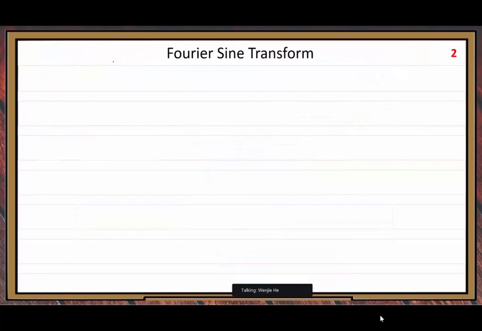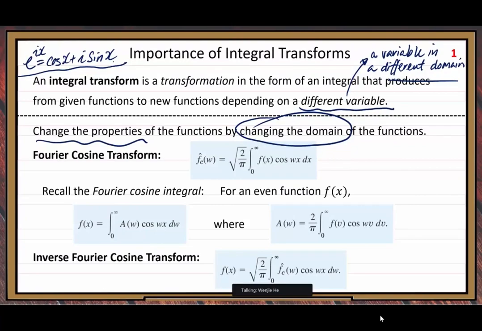Let's look at a little more before we move to the next slide. The definition of cosine transform. Here we call it inverse Fourier transform. What do we mean here? Inverse transform, inverse Laplace transform.